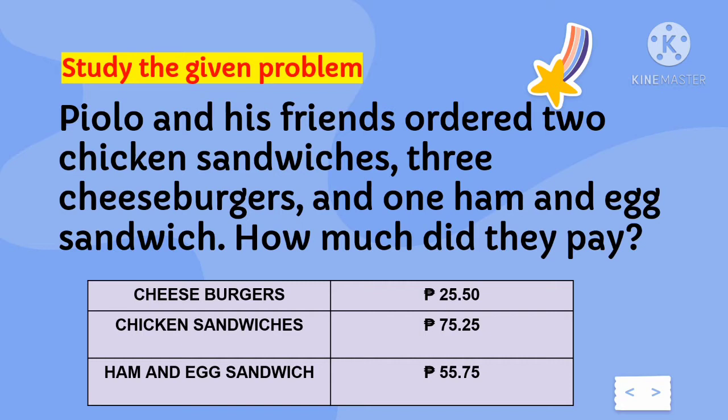Then, yung chicken sandwiches naman ay nagkakahalaga ng 75 pesos and 25 centavos. Then, yung ham and egg sandwich naman ay nagkakahalaga ng 55 pesos and 75 centavos. So, ang tanong natin ngayon is magkano lahat ang kanilang binayaran?